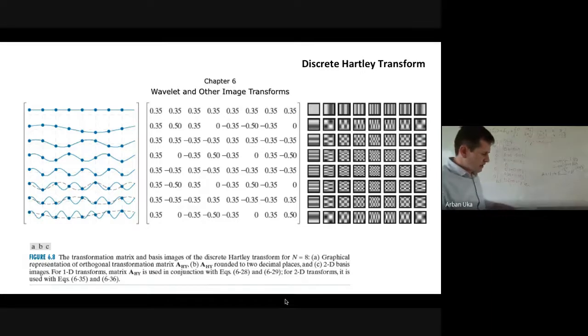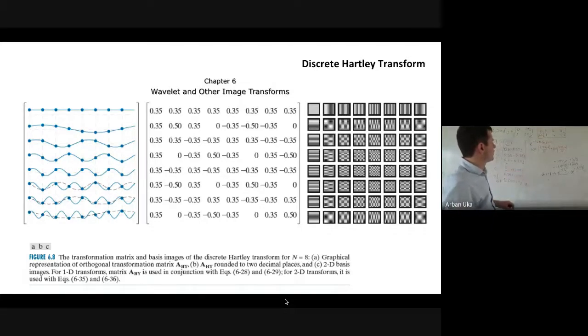Now, in the discrete Hartley transform, we have a new function, which is cosine of 2 pi ux over n plus sine of 2 pi ux over n. It's a strange function. Sometimes in some textbooks this is called CAS, which stands for cosine and sine.